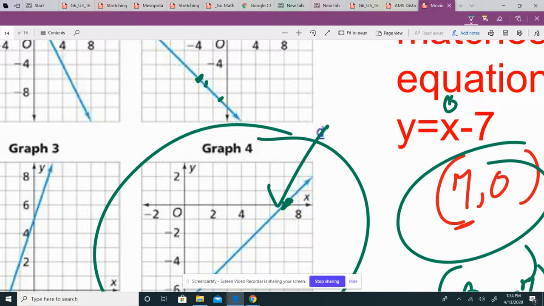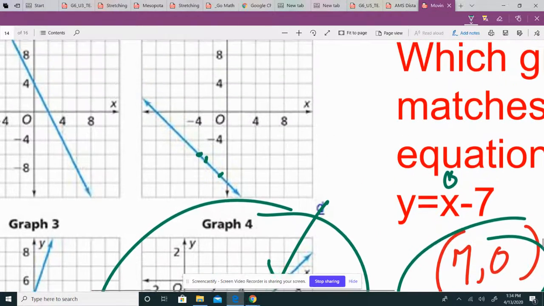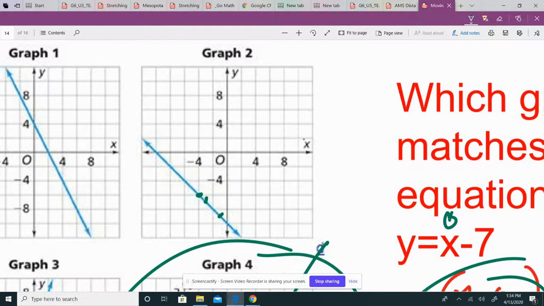That's a dot that I would have plotted and I can look and see, okay, well, this is over 4, negative 4, down 6, negative 6. And so now when I plug that in, is negative 4 plus 7 going to equal negative 6? No. Negative 4 minus 7, rather.